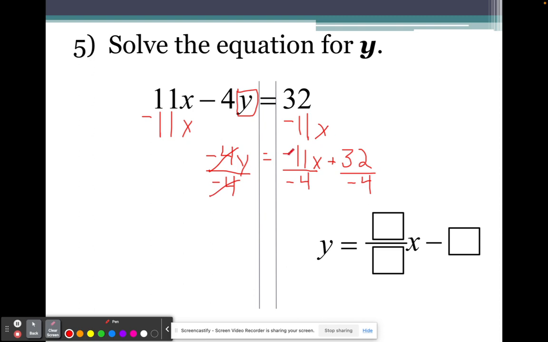So I'm left with negative over negative makes a positive 11/4 x. Then I have 32 divided by negative 4. That makes a negative 8. So 11/4 x, because these cancel out, a negative divided by a negative. So 11/4 x, and then a positive divided by a negative gives me my minus 8.